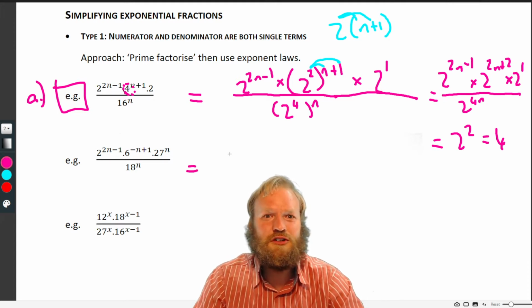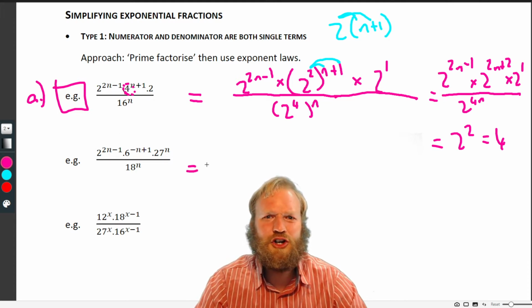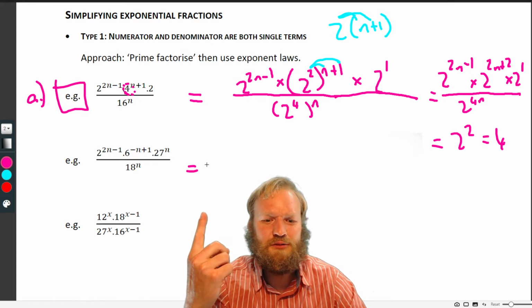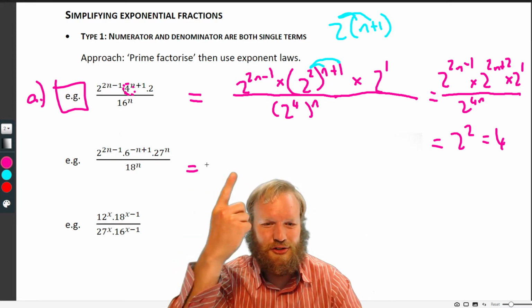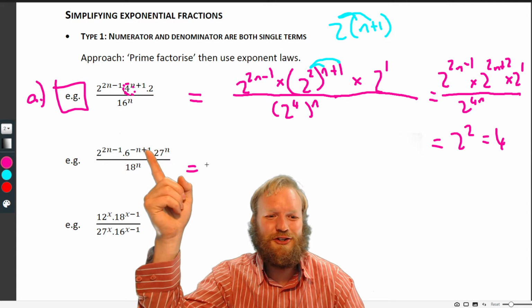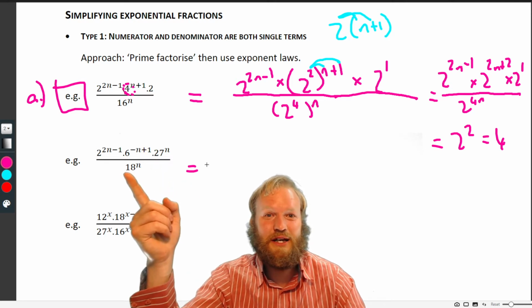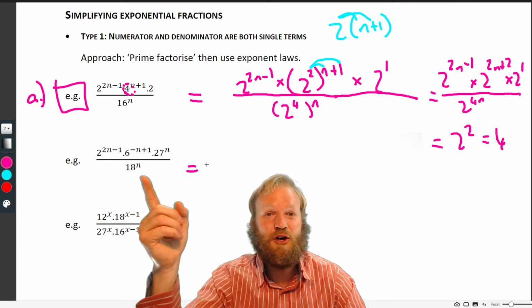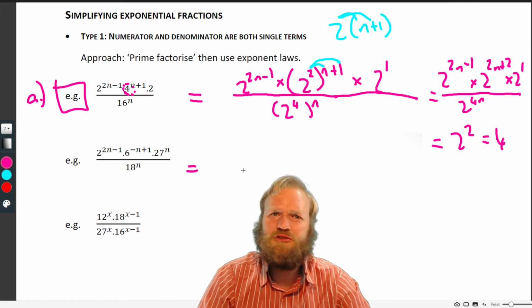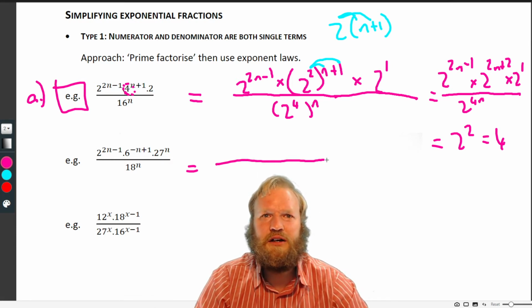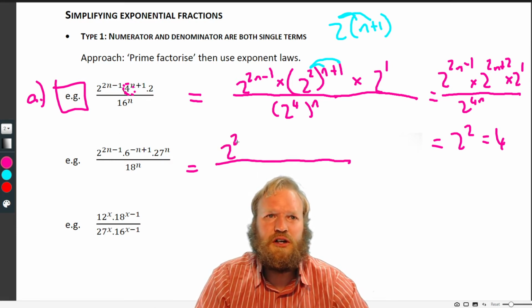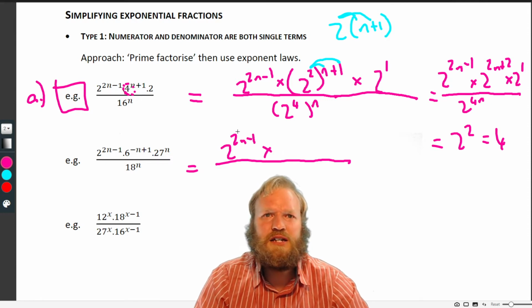So we're just going to focus on the first step here. How many terms in the numerator? Well, 1, I guess I told you. Denominator, clearly just the 1 term. So therefore we're going to just prime factorize and go from there. So we've got 2 to the 2n minus 1 already times 6.